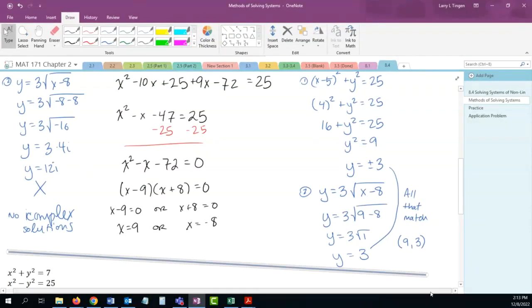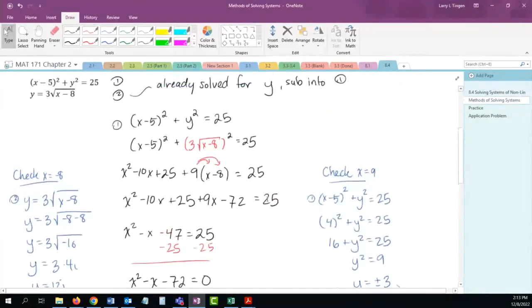So that means, what's my solution? My solution set contains one point, and that point is 9, 3.